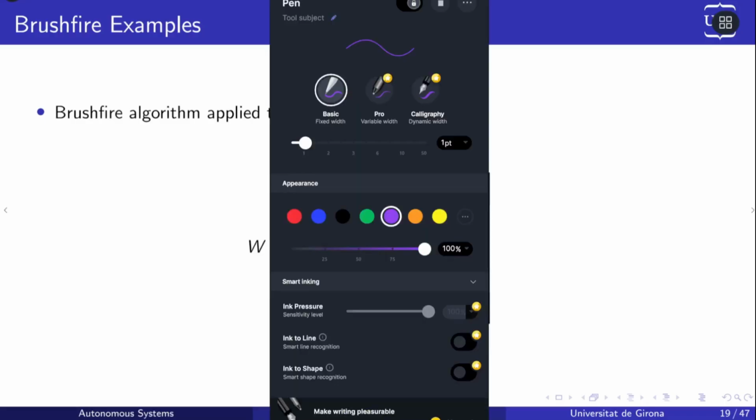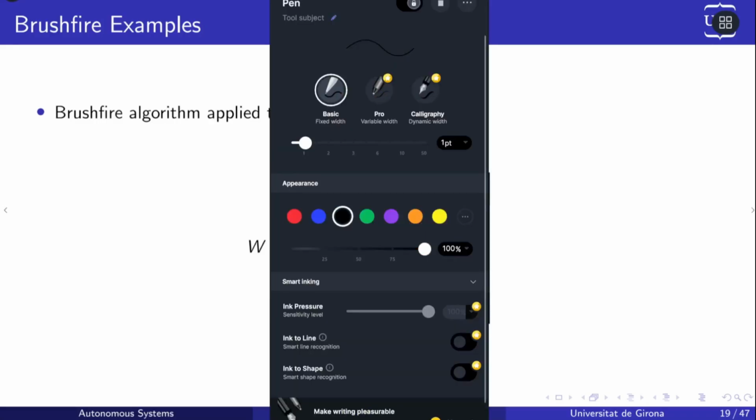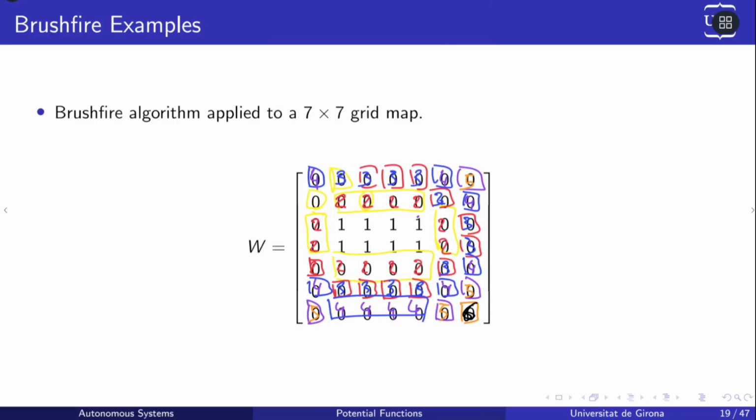And finally, in the last step, let's do it in orange. In orange, I will add this one, 5, there are no neighbors, 5, and this one here, this will be a 6, I don't know, black, a 6, okay?